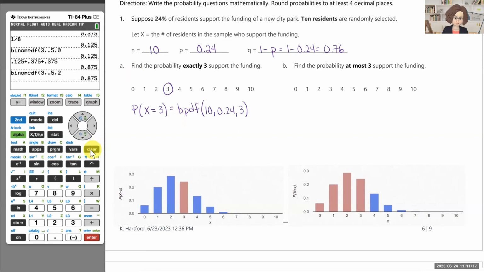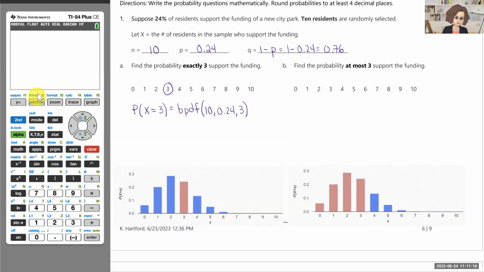I'm just going to clear my screen here, and I'm going to continue scrolling. There's quicker ways to get there, but I'm going to go binompdf, and then 10, comma, 0.24, comma 3.